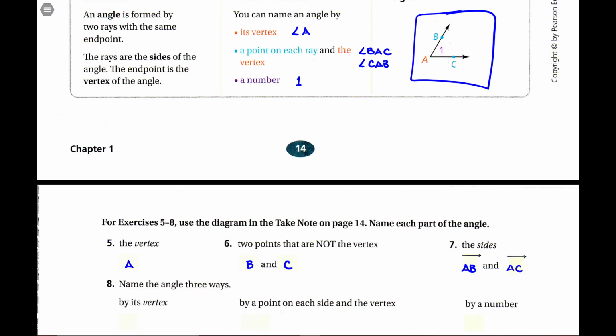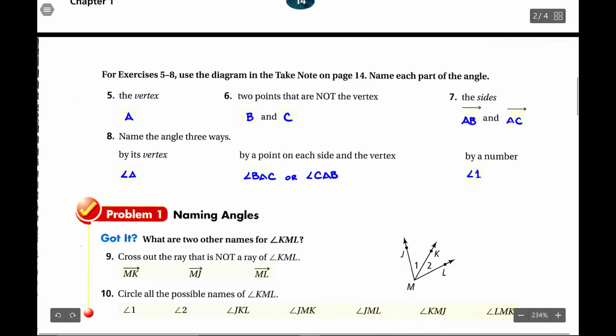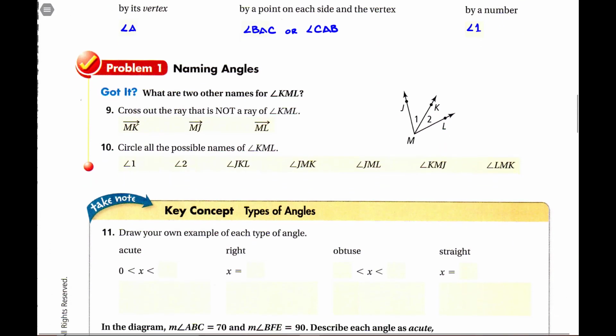And then three ways to name the angle, which I've already done in the previous portion. We have angle A, if we name it by its vertex. We have angle BAC or angle CAB. And then we also have angle 1. So any one of those four names would apply to this particular angle.